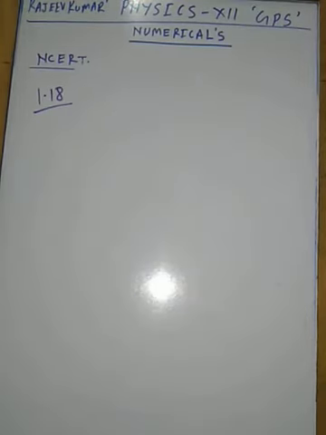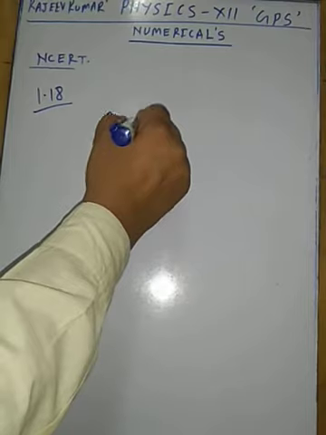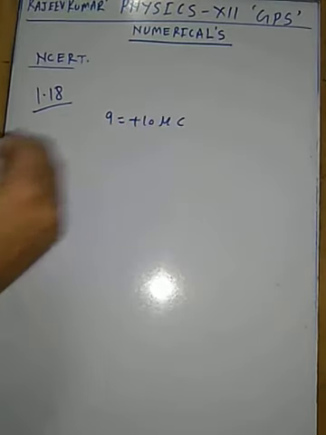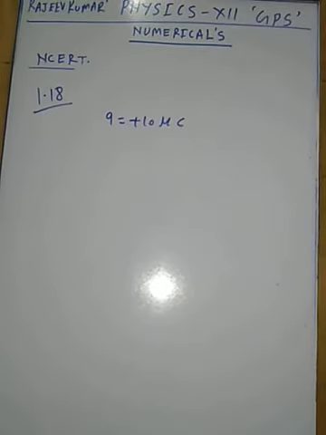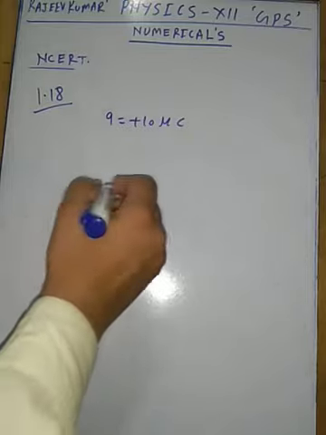Now in question number 18, a point charge of plus 10 microcoulomb is placed at a distance of 5 centimeter directly above the center of a square of side 10 centimeter.